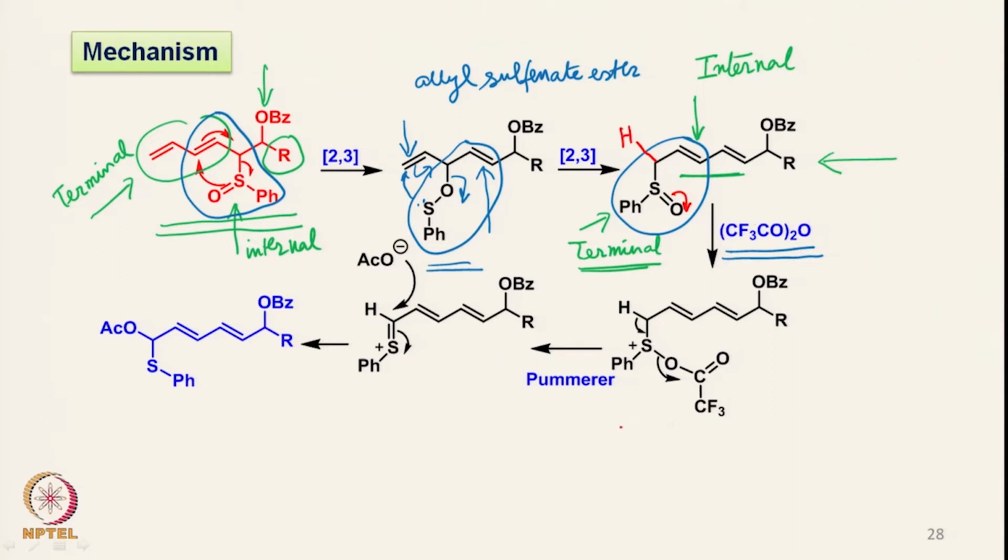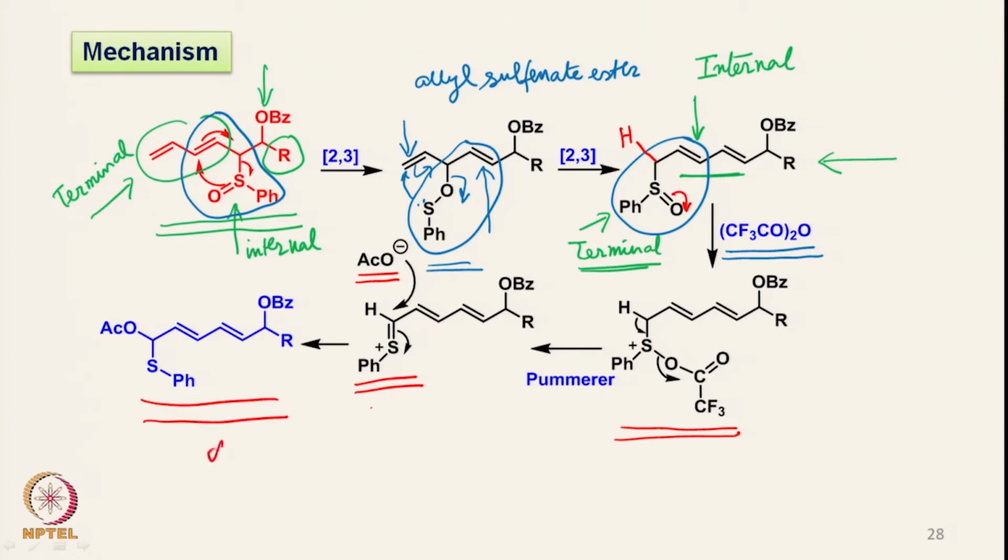get an intermediate of this kind, and this intermediate has to lose a proton from here and then generate this sulfonium ion. This sulfonium ion is then attacked by the nucleophile, which is present as an acetate ion, to form this particular alpha acetoxy sulfide.